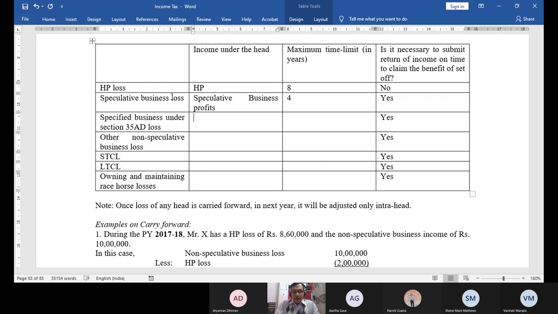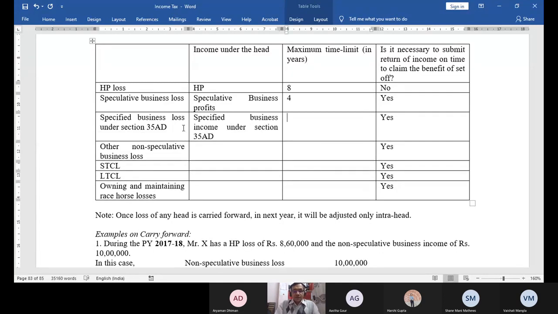Section 35AD loss is allowed to be adjusted only against specified business income under section 35AD. No limit, there is no time limit. Even for 100 years you can adjust it.